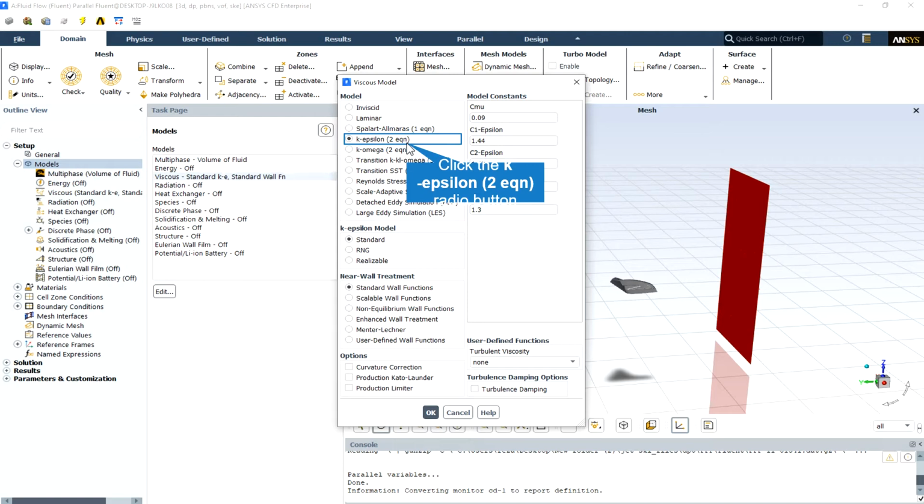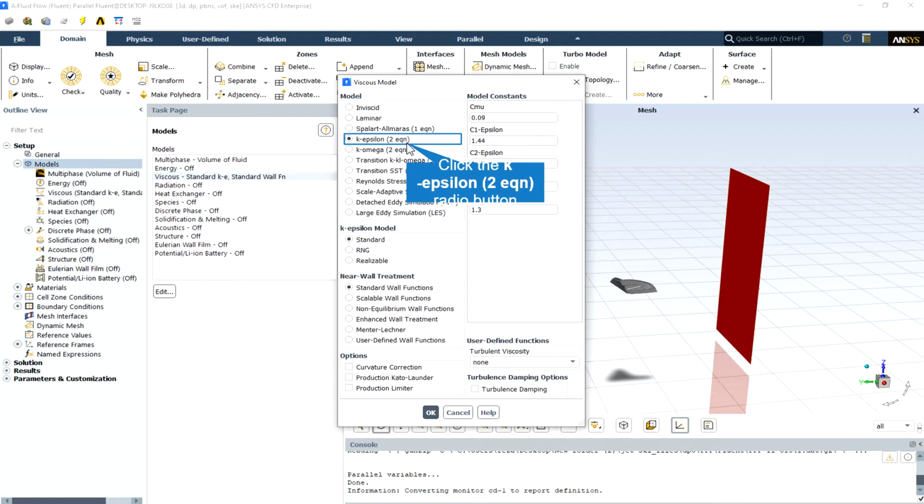The standard k-epsilon model in ANSYS Fluent falls within this class of models and has become the workhorse of practical engineering flow calculations in the time since it was proposed. Robustness, economy, and reasonable accuracy for a wide range of turbulent flows explain its popularity in industrial flow and heat transfer simulations. Also, it is a semi-empirical model.